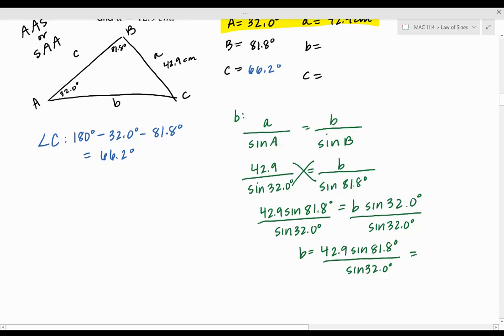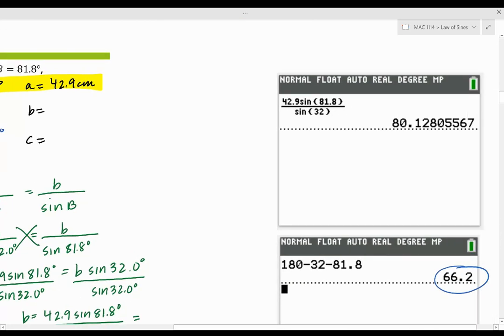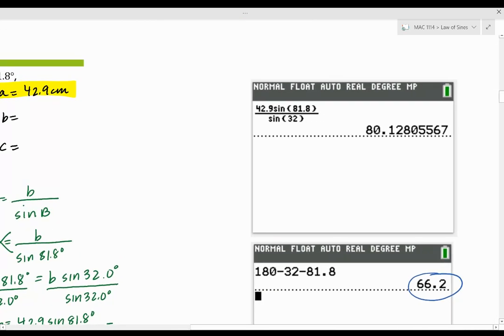So when I plug that in the calculator, okay, I get this. So I take 42.9 times the sine of 81.8 divided by sine of 32. Remember, I'm in degree mode, okay, so don't forget. Okay, I get 80.12.